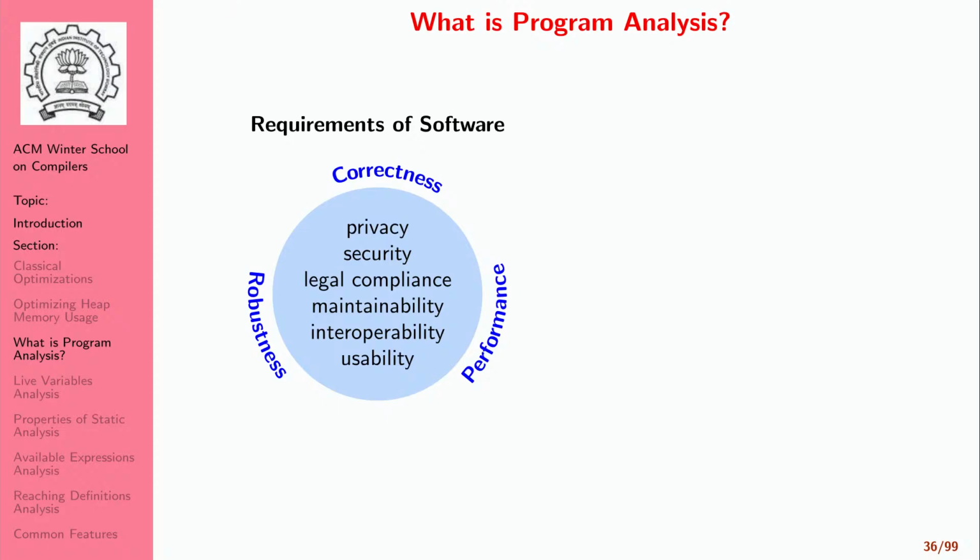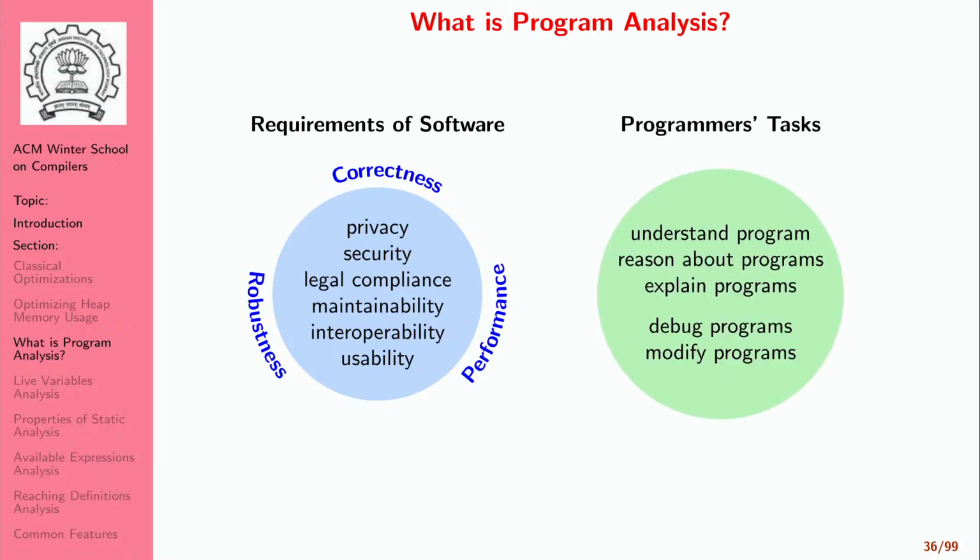All these are desired features of software, but the three primary requirements, the overarching requirements, the most important requirements are: software must be correct, software must perform efficiently, and software must be robust. In case of wrong inputs, in case of exceptions, software must have a graceful way of handling them. Software should not be fragile. You try to do something and it just breaks, right? So these are the three primary requirements.